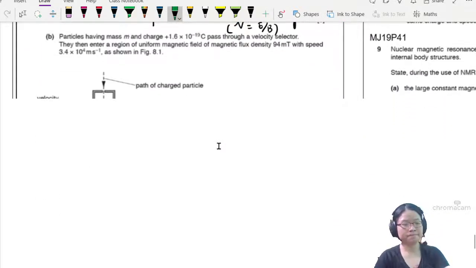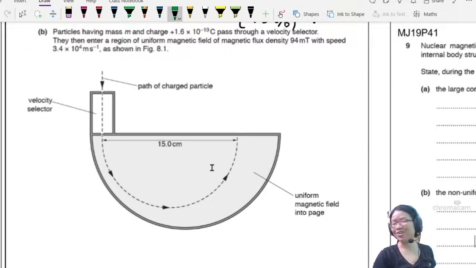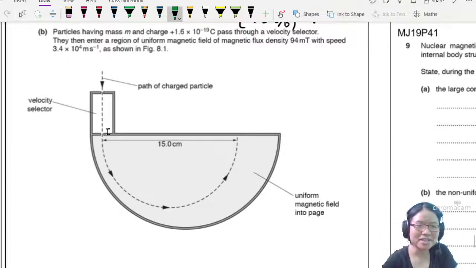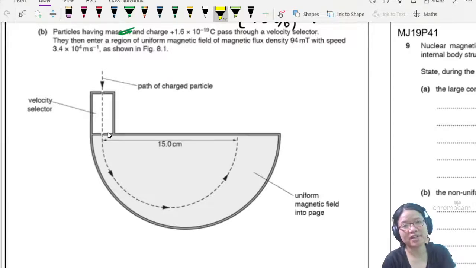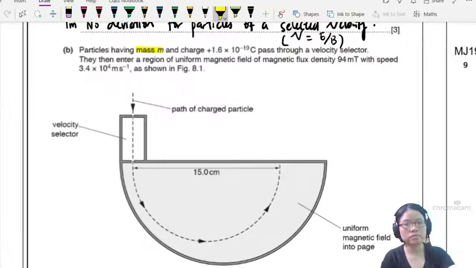Part B. Here, this diagram is very familiar. Of course, I drew my own diagram. A particle having mass m and a charge of positive 1.6 times 10 to the power negative 19 coulomb passes through a velocity selector.